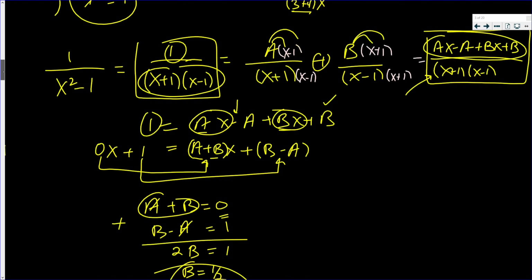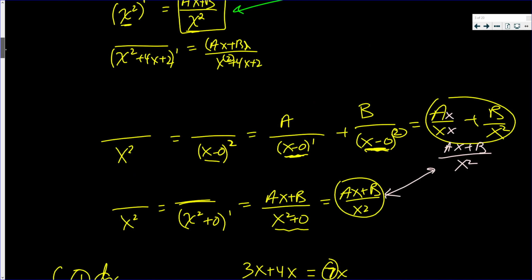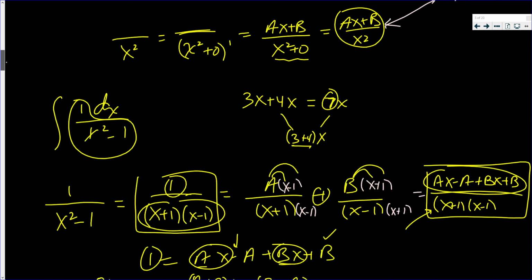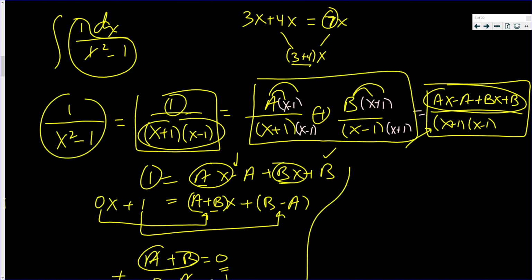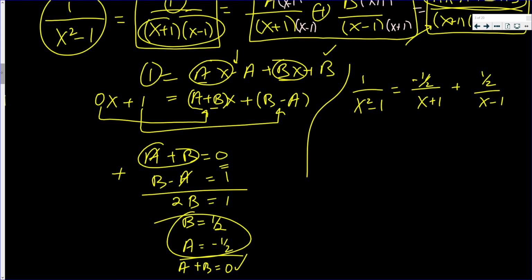So we come back to the top. Now we know that 1 over x squared minus 1 is equal to negative a half over x plus 1 plus 1/2 over x minus 1. We just learned that.